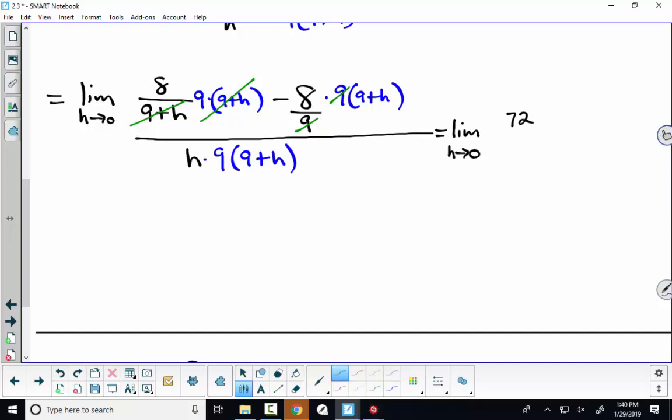We're left with negative 8 times the quantity 9 plus h. Is that okay? Anybody have any questions?